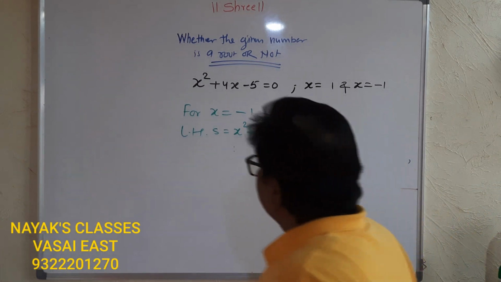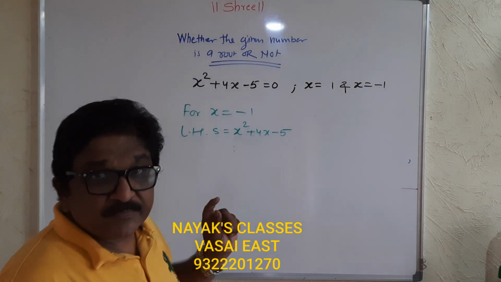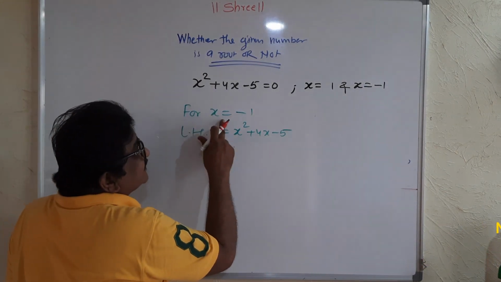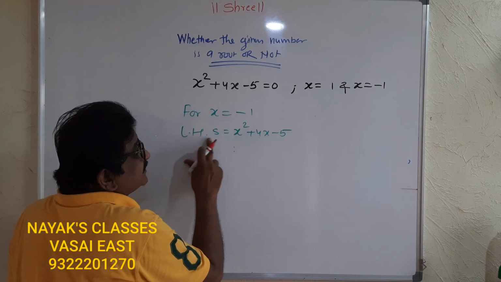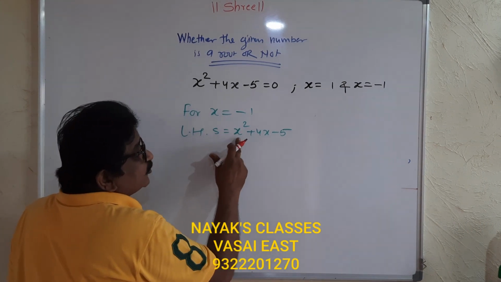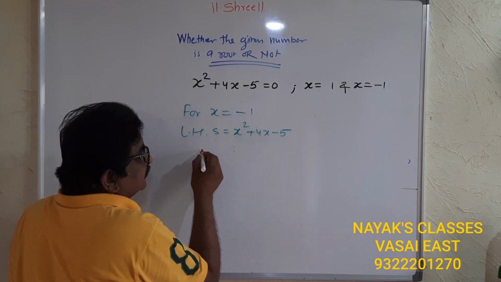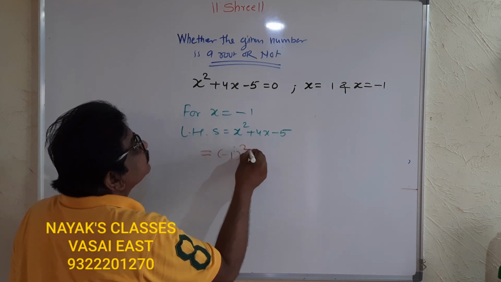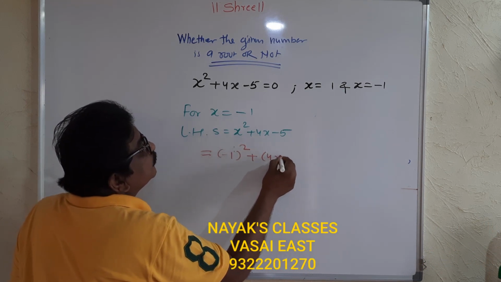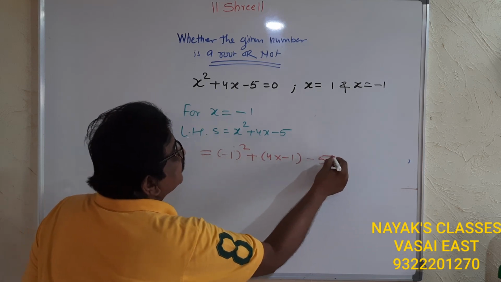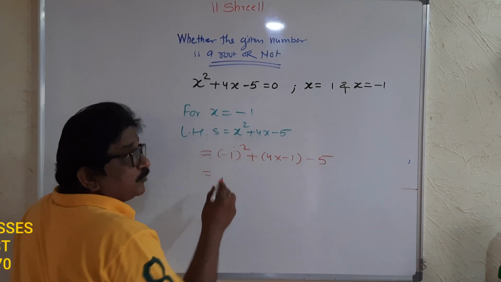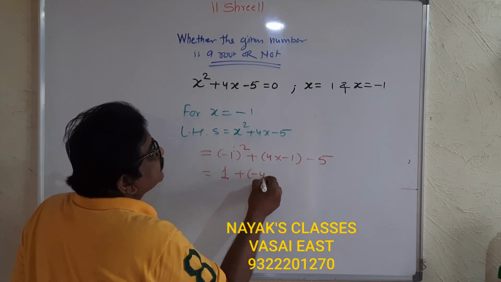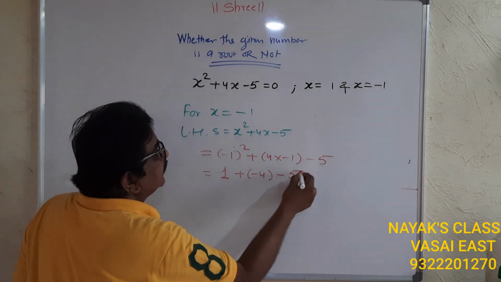Now, the second part of the example. Another number is x equal to minus 1. For x equal to minus 1, we will start with LHS. It is x square plus 4x minus 5, so we put minus 1: minus 1 square, which is 1, plus 4 into minus 1, which is minus 4, minus 5.